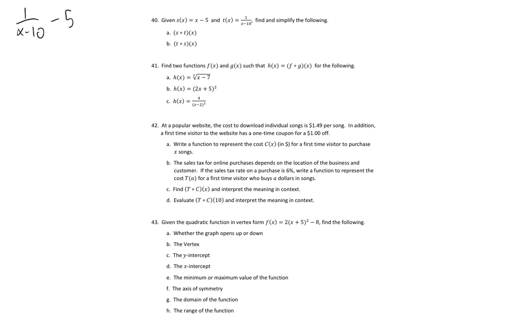minus 5. So now let's work to get a common denominator. So let's multiply this 5 by (x minus 10) over (x minus 10), because then we're not changing the value at all, because we're essentially multiplying by 1. Okay, well then we'll have 1 over x minus 10 minus (5x minus 50) over x minus 10.